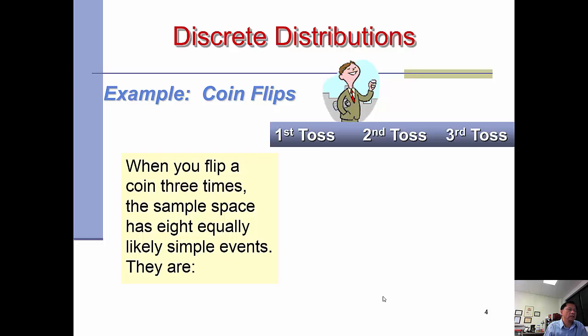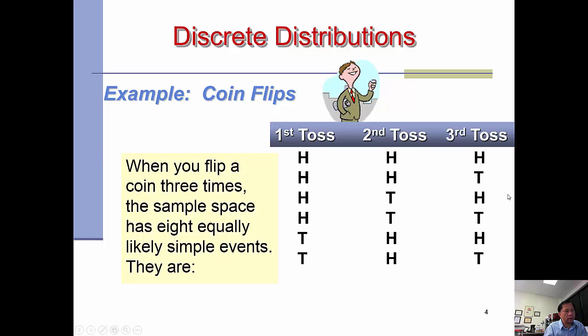They are: HHH; HHT; HTH; HTT; THH; THT; TTH; and TTT. Right? That's all the possible outcomes of the sample space when you flip a coin 3 times.